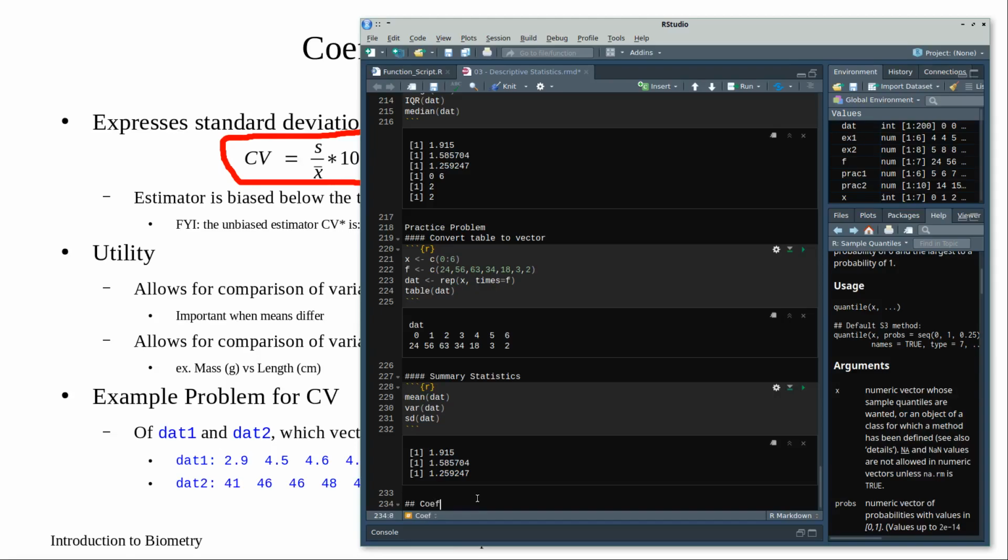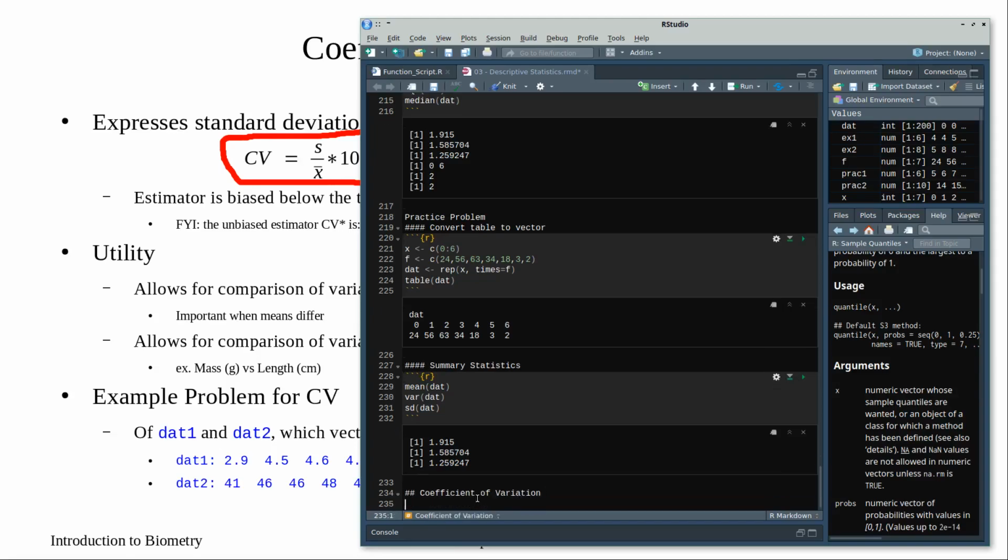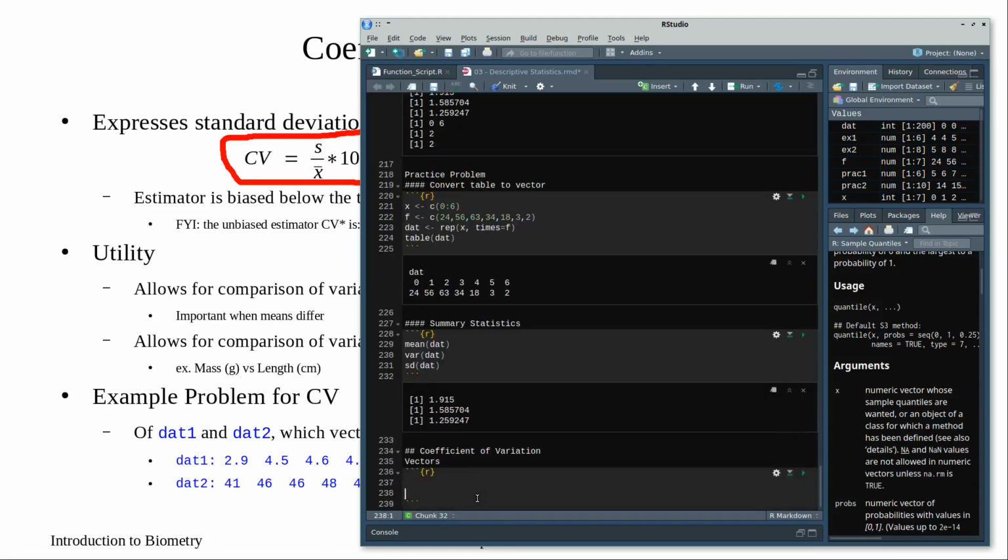So, how would we do it? Coefficient of variation. I'm going to create my vectors first.